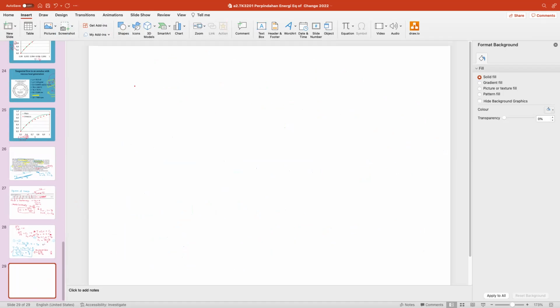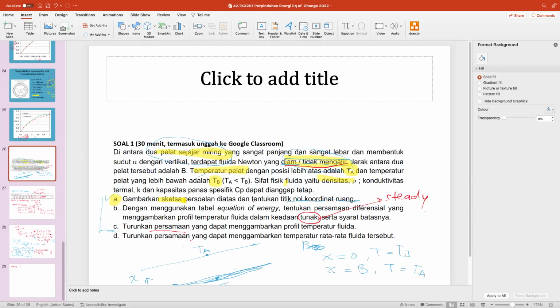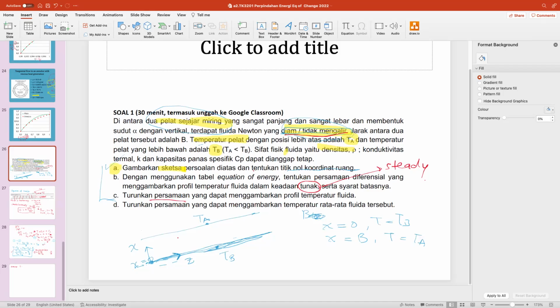So the average temperature is defined as the temperature here, and then you need to do the integration with respect to z and also x.